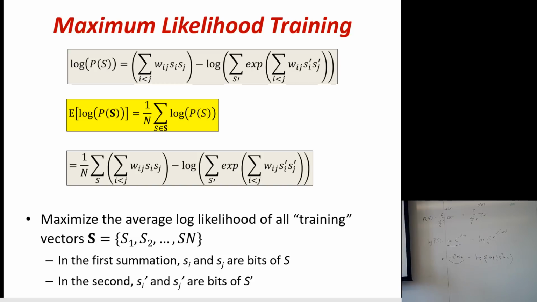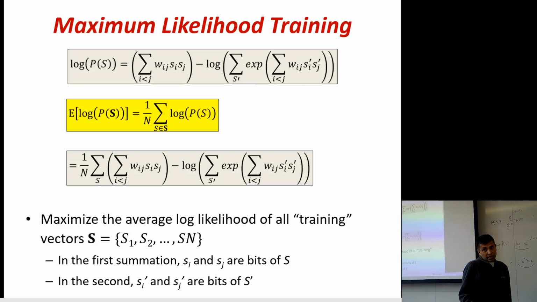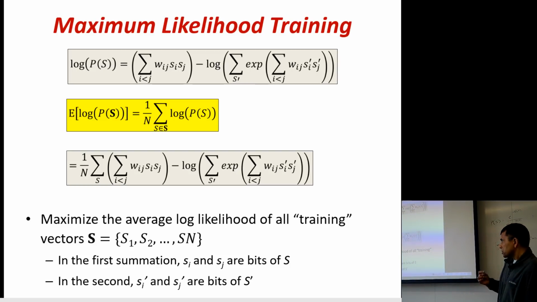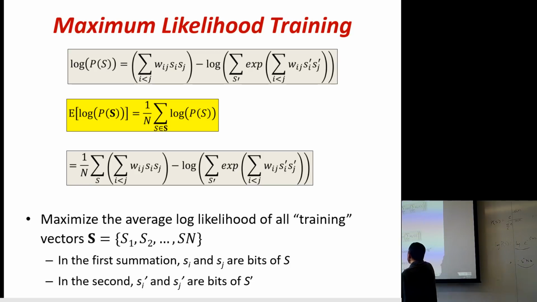Now that is the log probability for a given observation, right? And given the training data set, the expected log probability, or the entropy of the distribution, is simply given by this term over here, right?